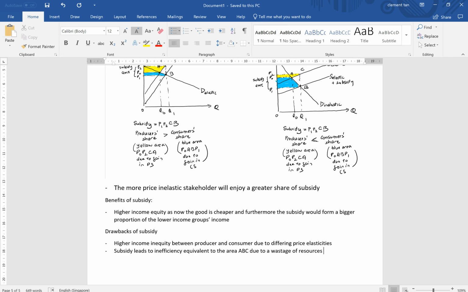That's all in the right. Caused by a producer subsidy. That's all. Don't think too much.